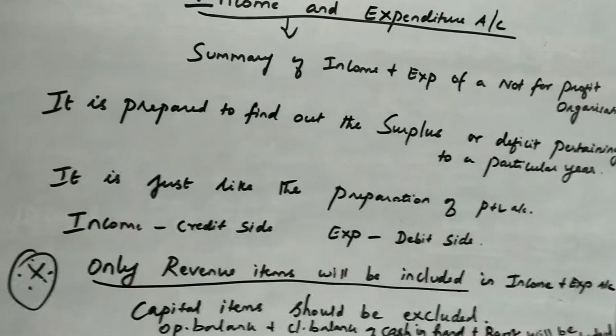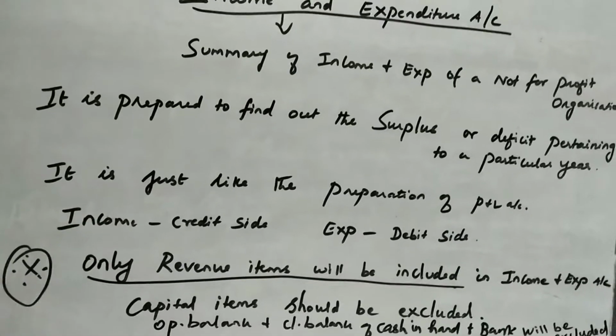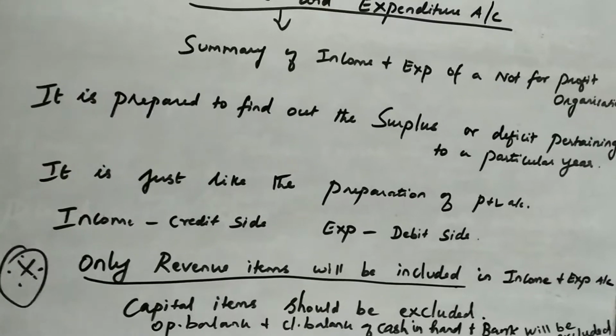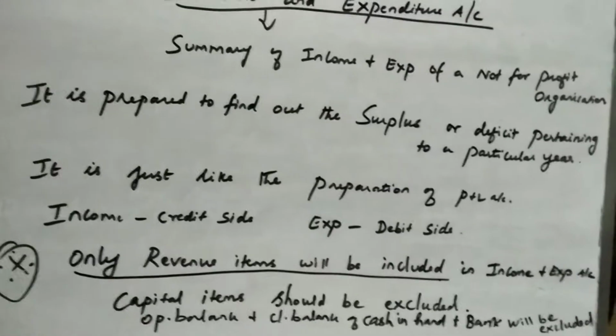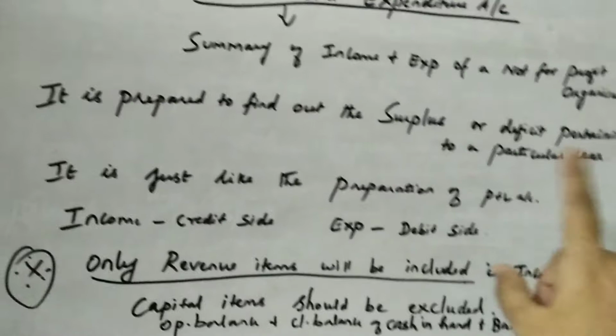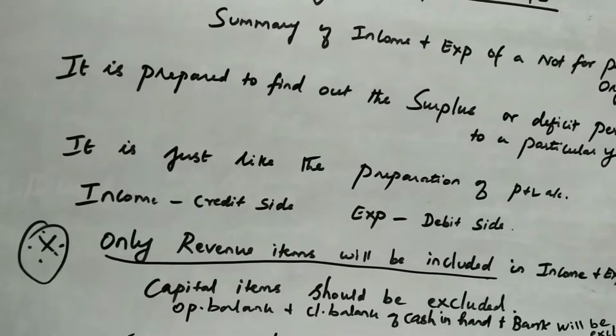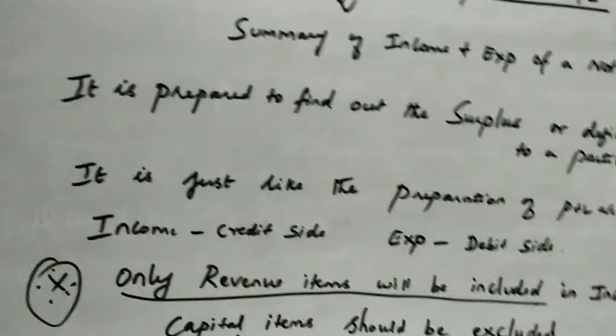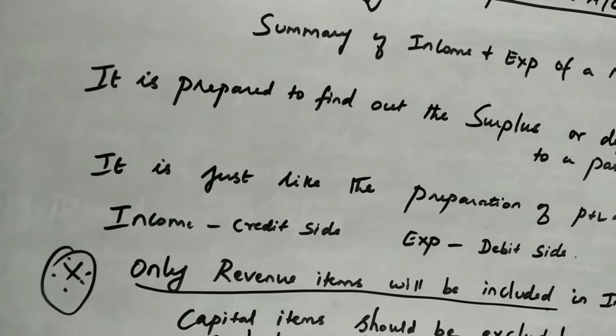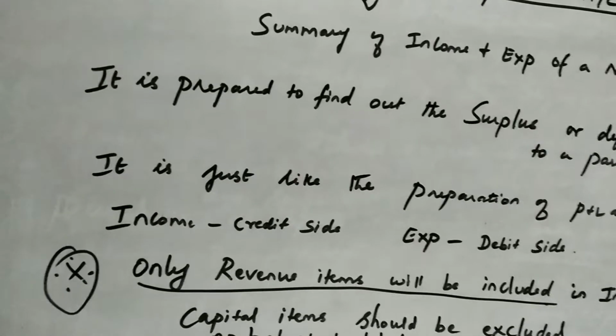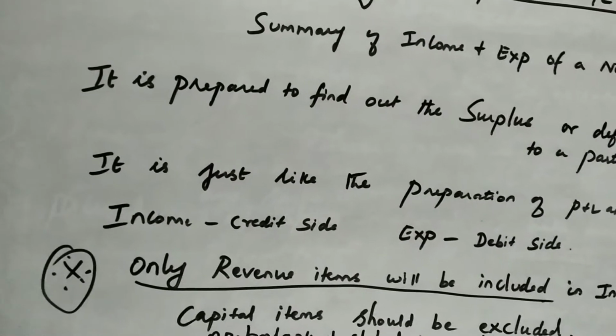So for what is it prepared? It is prepared to find out the surplus or deficit pertaining to a particular year. In the business form of organizations, we find out the profit or loss.